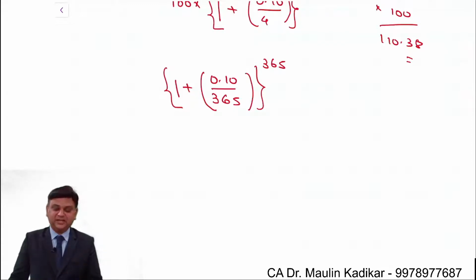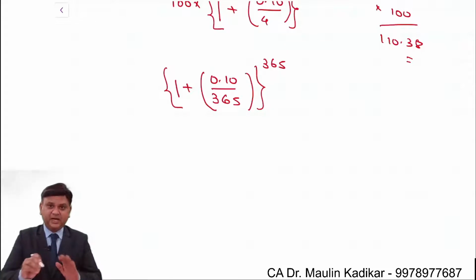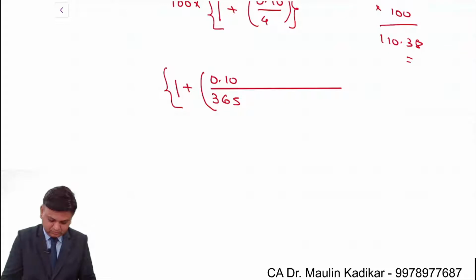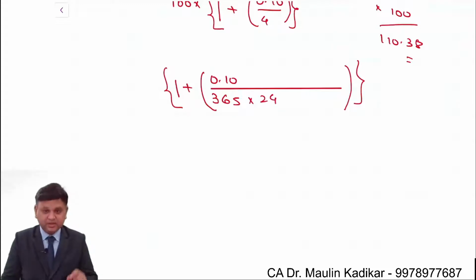Instead of daily, suppose it is every hour. Then in that case it will be 10% divided by 365 into 24, whole raised to 365 into 24.